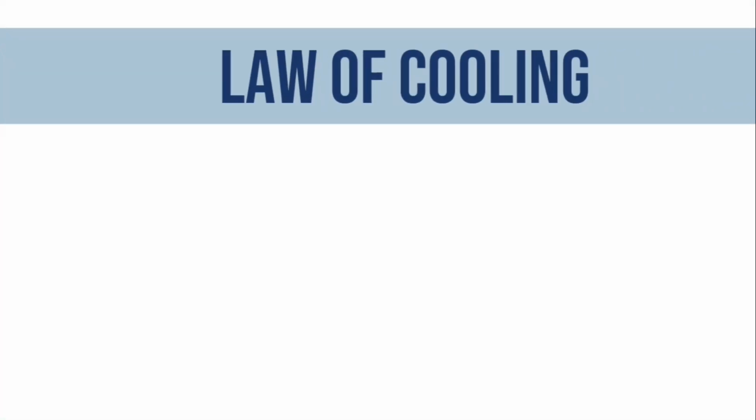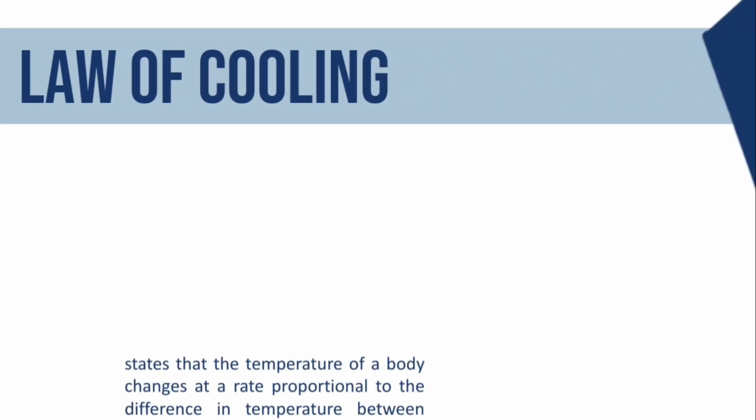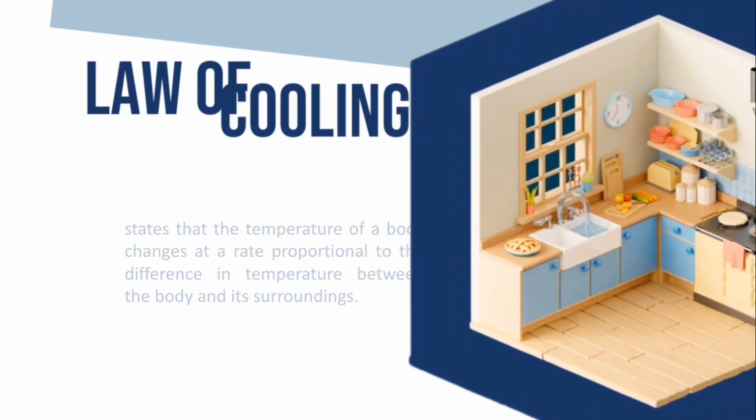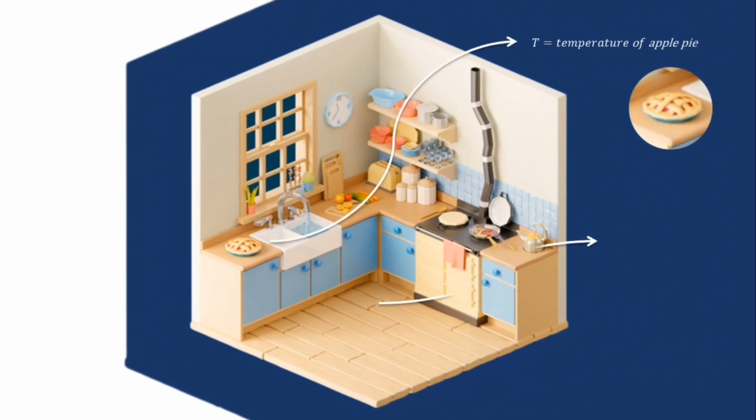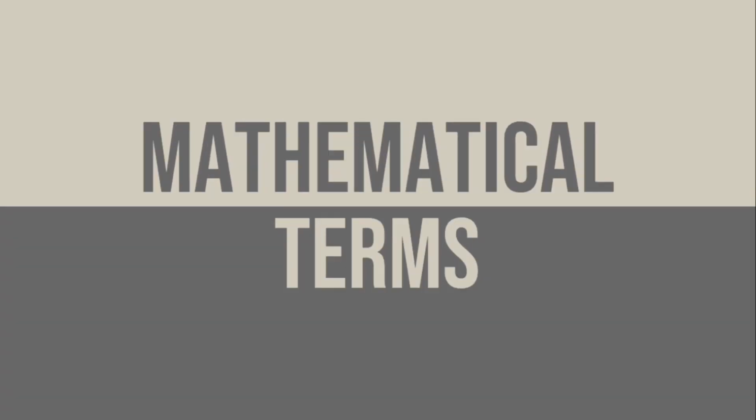Newton's law of cooling states that the rate of loss or gain of heat from a body is directly proportional to the difference in the temperature of the body and its surroundings. So let me write that in mathematical terms.